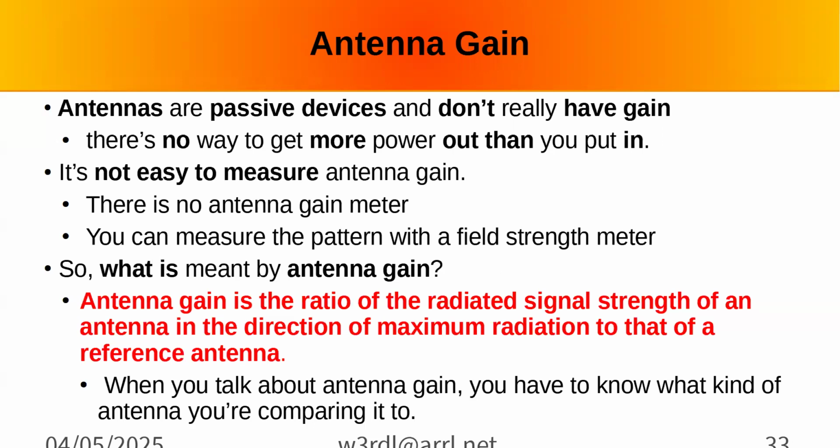So we do it as dBi or dBd, and you'll see them both ways. A lot of times they use dBi because it's a bigger number. It's dBd plus 2.15. So marketing likes bigger numbers.